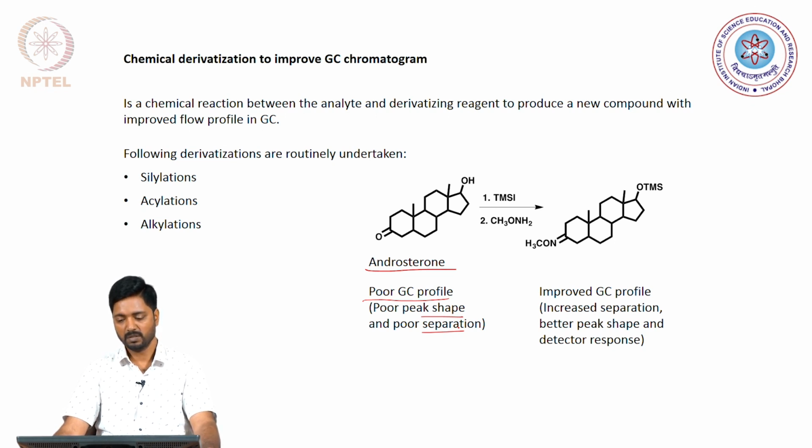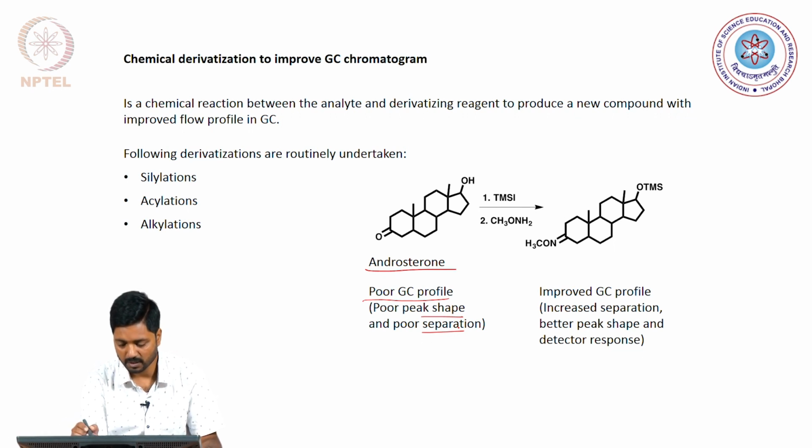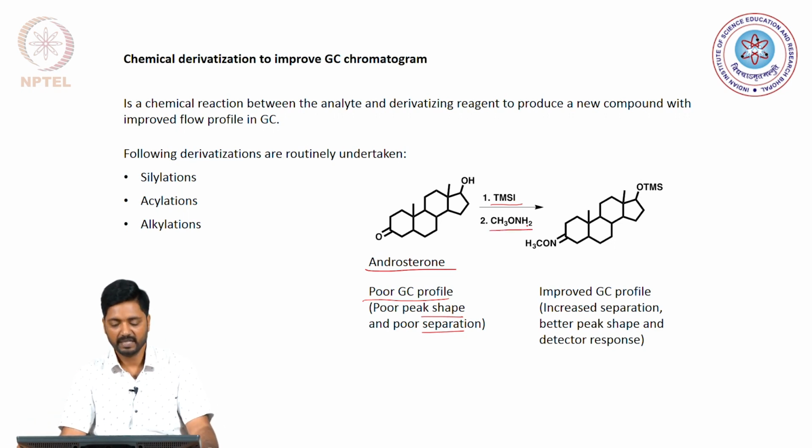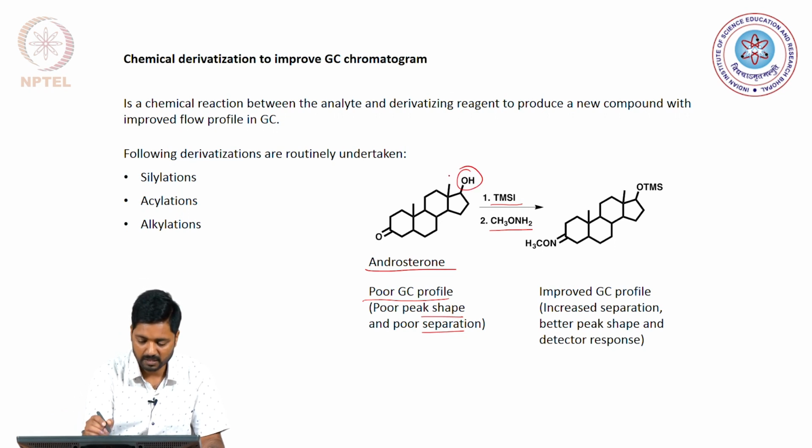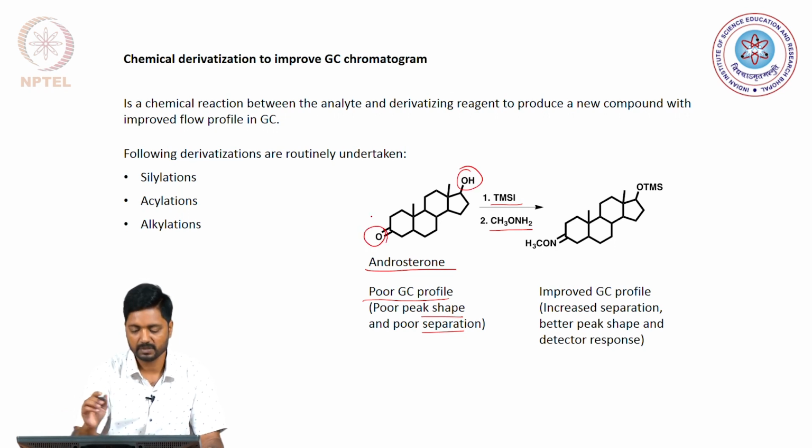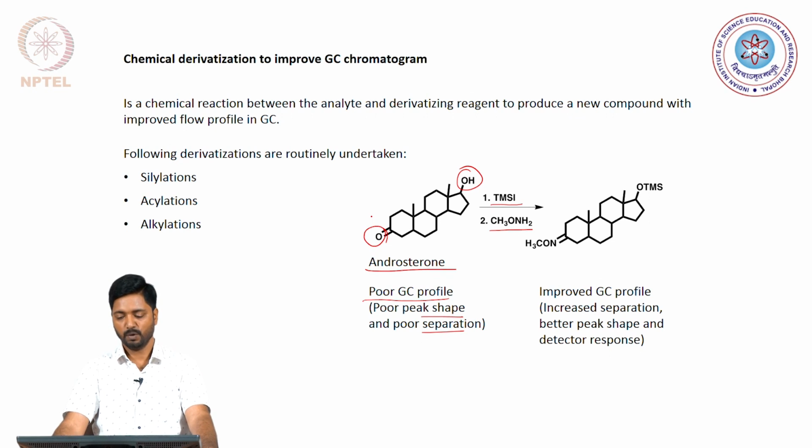and this can be overcome by undertaking chemical derivatization of this compound, and we use trimethylsilyl imidazole, which is abbreviated as TMSI, and methoxyamine to derivatize the hydroxyl residue and the ketone residue present in this molecule.